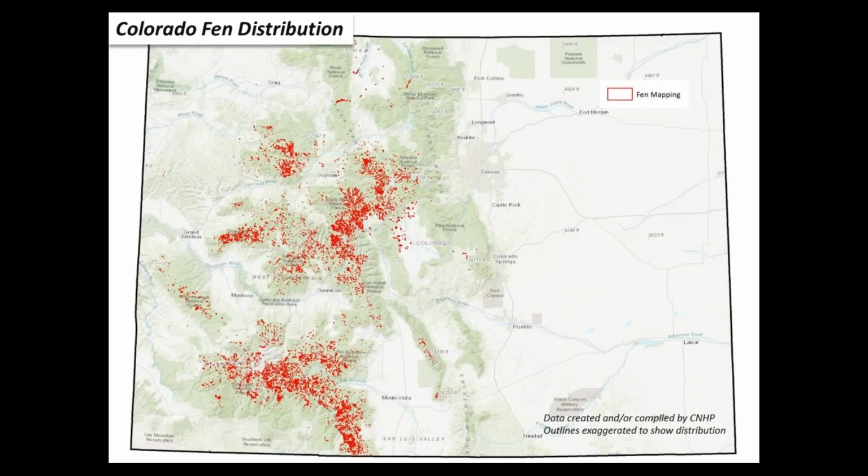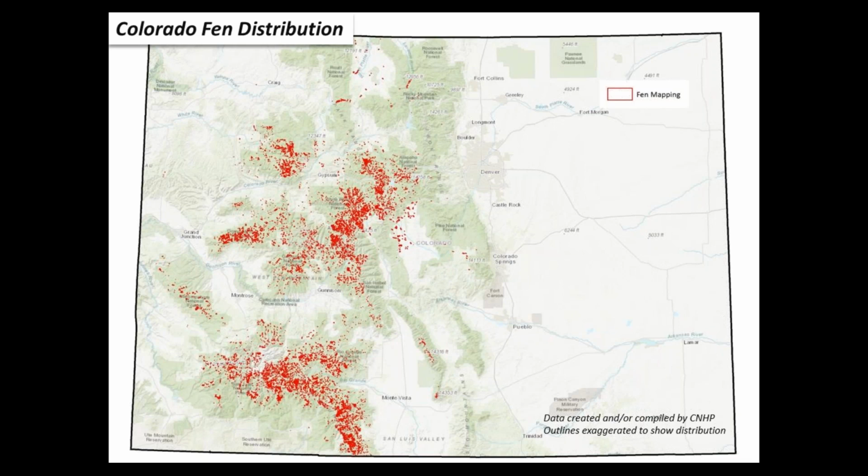Over the past 10 years, CNHP has mapped fens in several national forests and for the Colorado Department of Transportation. In addition, we've compiled data from other researchers to create this map of fens in Colorado. However, you may notice that this map is not quite complete. There are notable holes in the northern mountains where no specific fen mapping has been conducted, but it provides a reasonably good picture of fen distribution in Colorado.